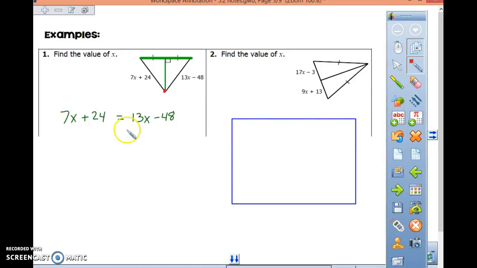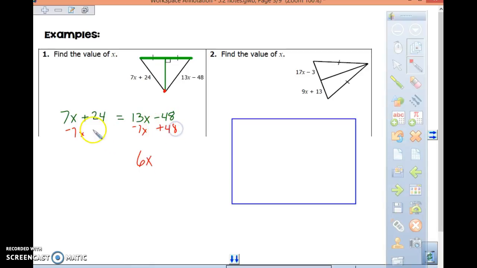So I'm going to subtract 7x from both sides, and that gives me a 6x. I'm going to add 48 to both sides, and that gives me 72. Dividing by 6, I get x equals 12, and I tend to just write it x equals 12 in this manner.